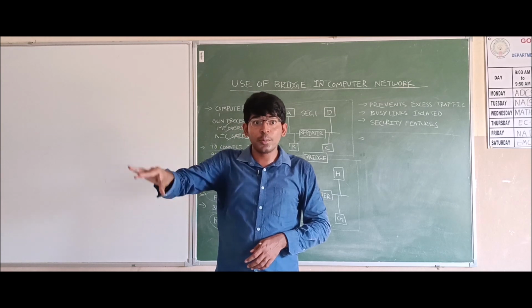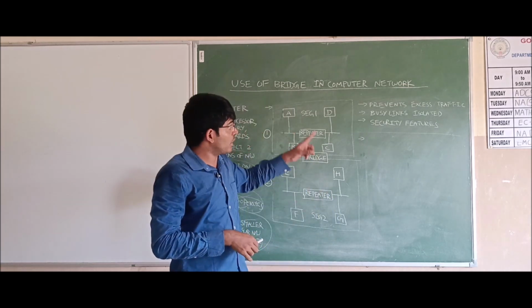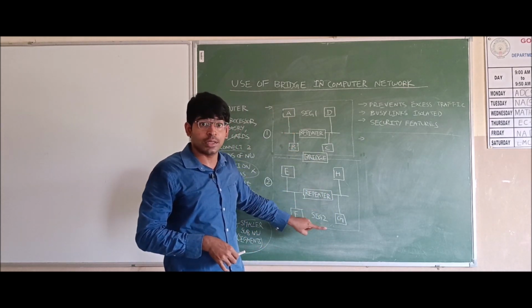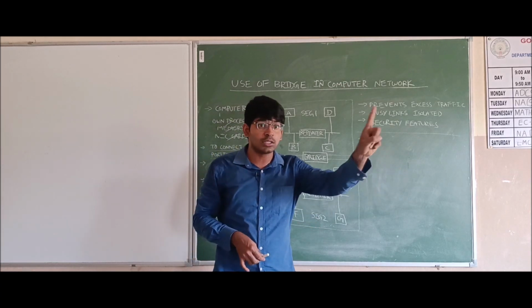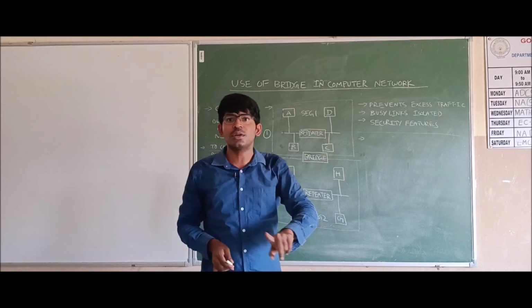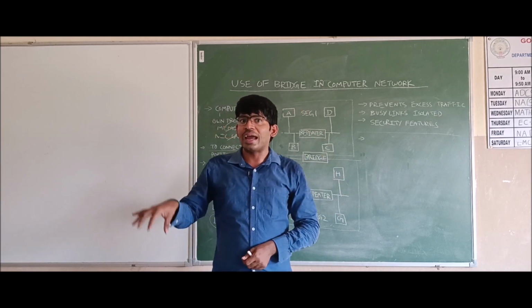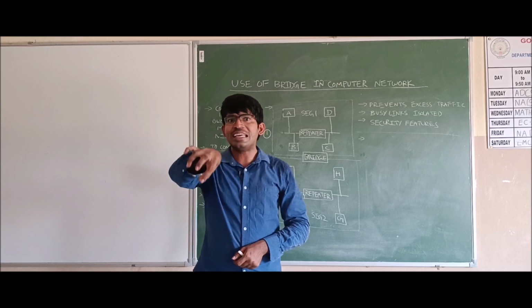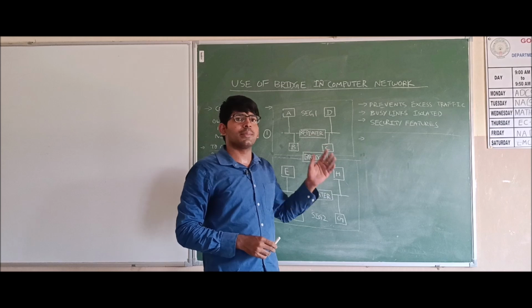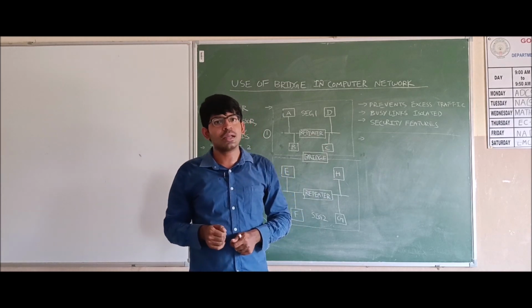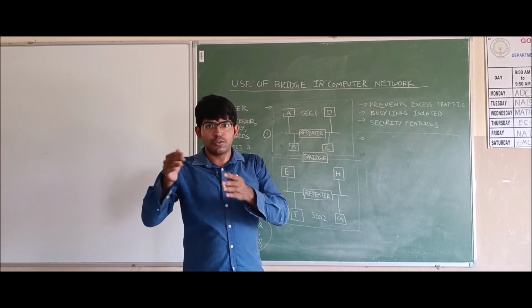The information which we want to send from one segment to another will not be sent to any other segment which is out of this network. That's why the bridge acts like a security agent to control the data. The data we are sending is in the form of the data link layer, so we are sending it in the form of frames.